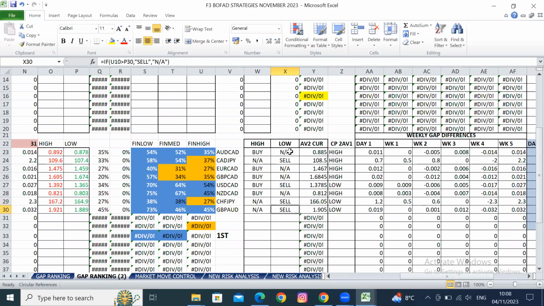So you can see 19 products have only achieved one direction. At the end of the month, those 19 may be reduced because another part may take another direction at the end of the day.